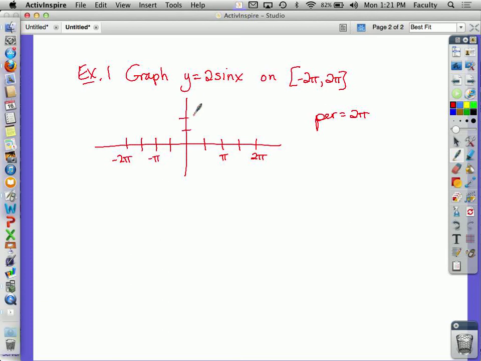But instead of going up to 1 or down 1, you need to somehow keep it straight that the sine of 0 is 0, but then it's going to go up to your amplitude. So I always plot my 5 main points and then just follow the pattern.